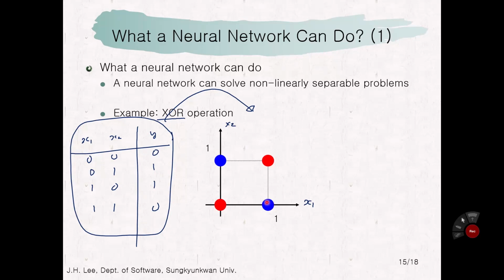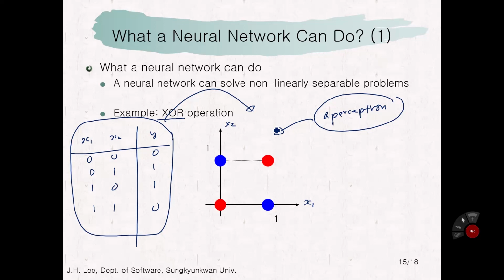Okay. Then do you think that a perceptron can solve this problem? Can a perceptron do exclusive OR? No. A perceptron can solve a linearly separable problem, which means that if you can separate red and blue with just one line, then a perceptron can solve that problem.